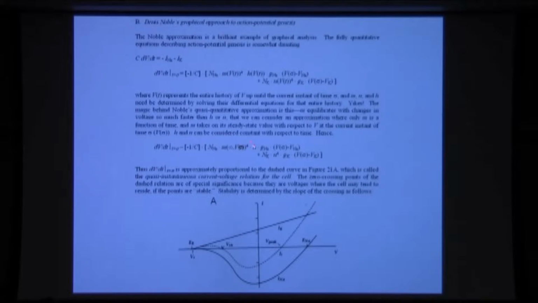It follows the steady state disposition of M with respect to voltage: alpha over alpha plus beta. And the only other time variable factors, of course, are the permeation factors, which are very fast: V minus VNA, V minus Vk.